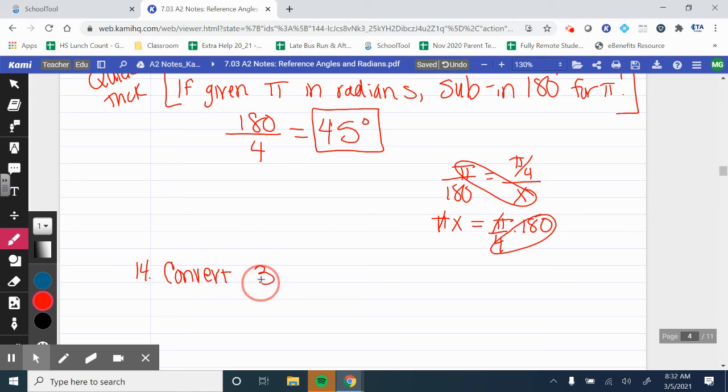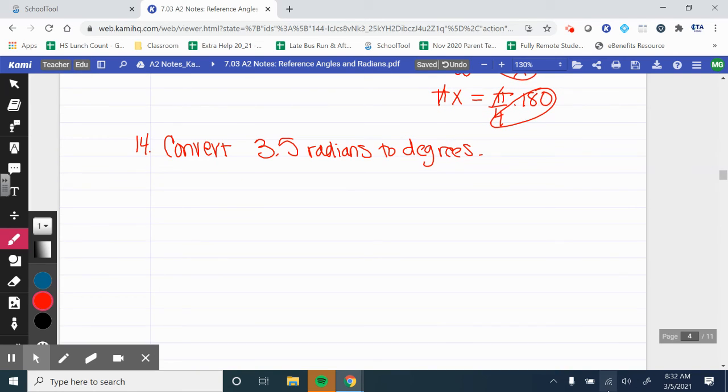So this time convert 3.5 radians to degrees. This time we don't have a pi, so we can't just sub in 180 degrees. We have to use our proportion. There's no pi, so use the proportion.